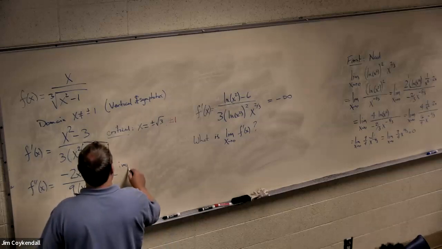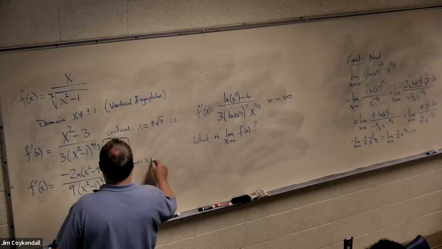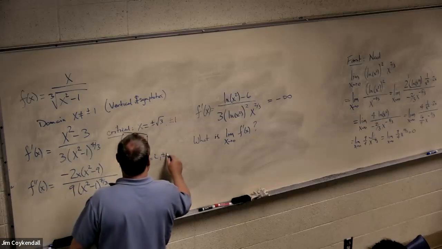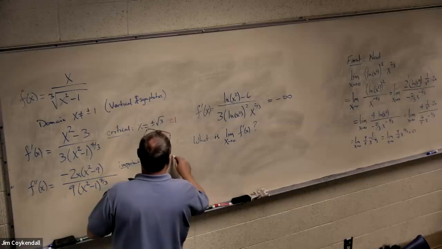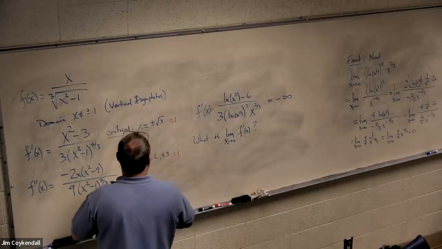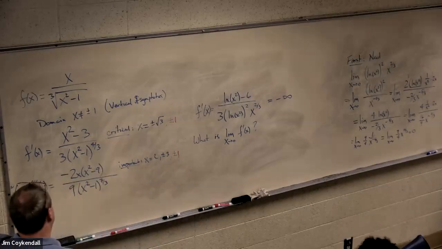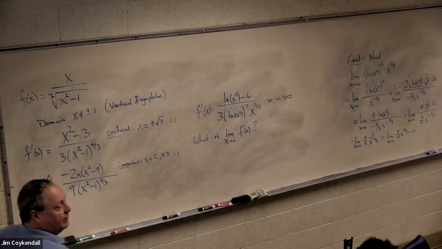How about the important numbers for the second derivative? Well, it looks like I get 0, plus or minus 3, and again plus or minus 1, because the sign could change for the concavity. Everybody feel like they can get those numbers out? Yes, sir.